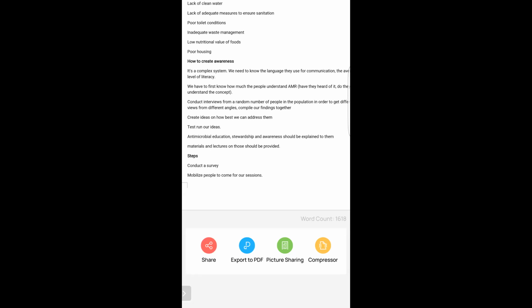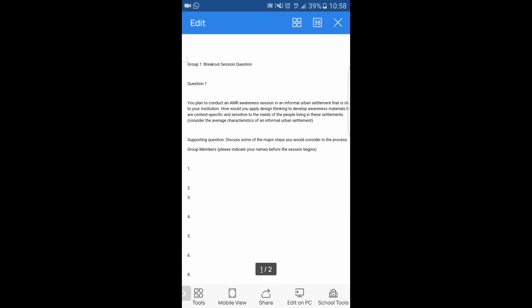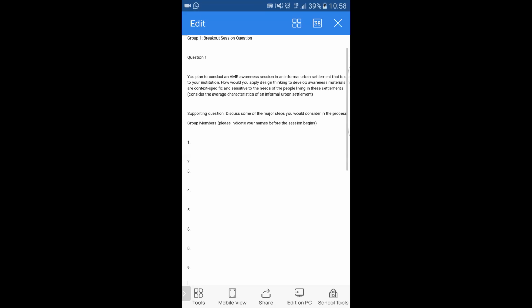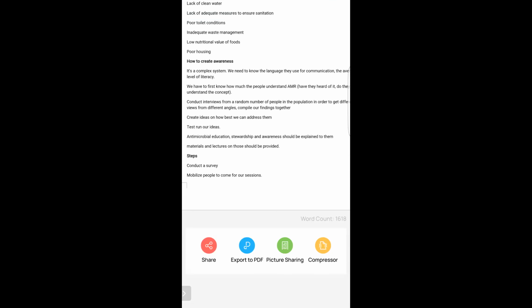Then the steps: the supporting question was to discuss some of the major steps you would consider in the process. Step one was to conduct a survey, which I explained in the process, and to mobilize people to come for our sessions in groups. That's where we ended.